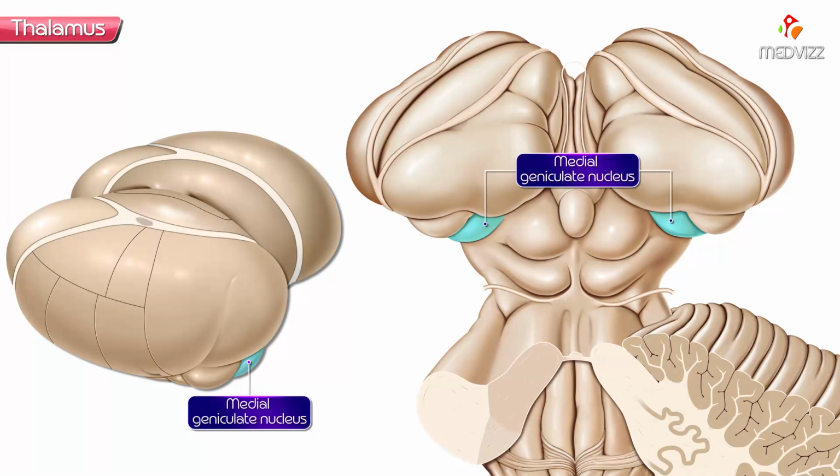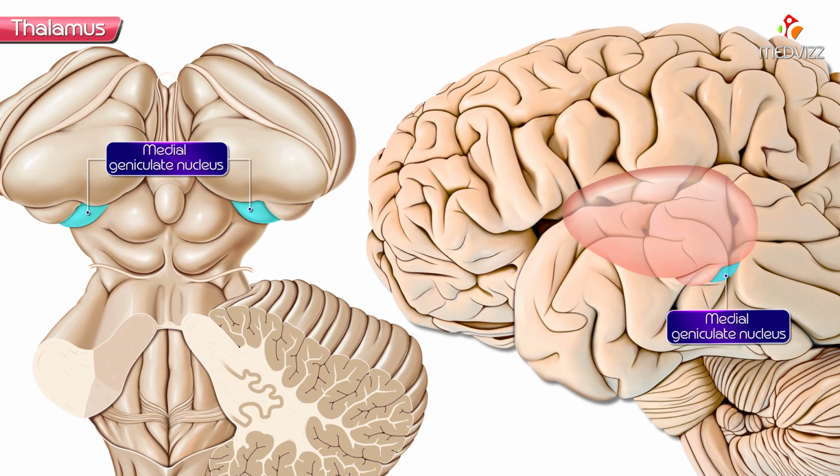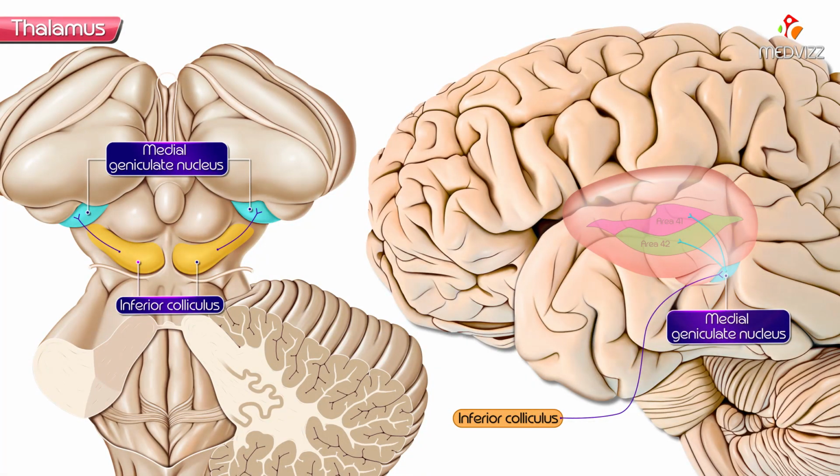The medial geniculate nucleus receives information mainly from the inferior colliculus and projects into the primary auditory cortex, called Brodmann areas 41 and 42.